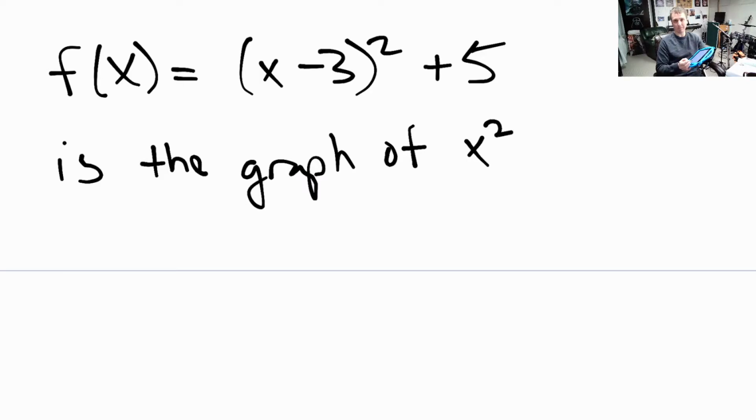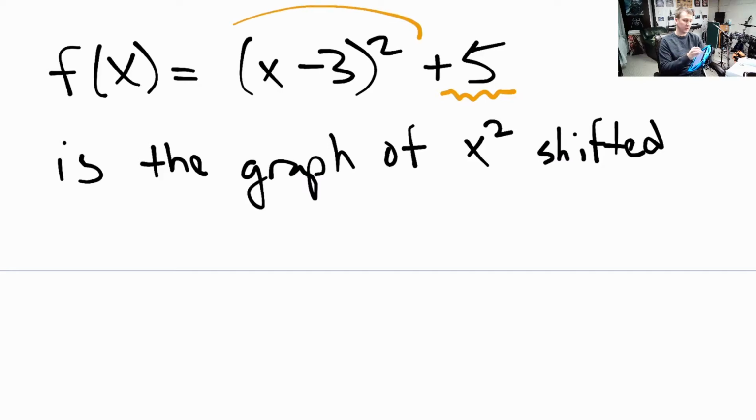It looks exactly the same. It's the graph of x squared shifted up 5. Right, we see the function x squared. There's something being squared there. And then 5 is added to it. So it's the graph of x squared shifted up 5 and right 3.